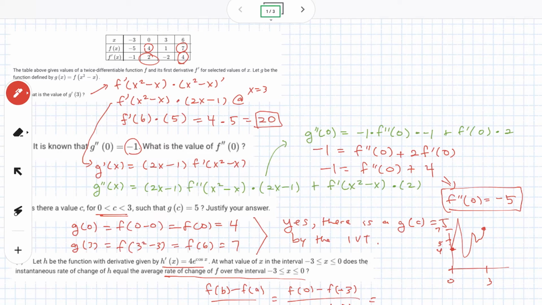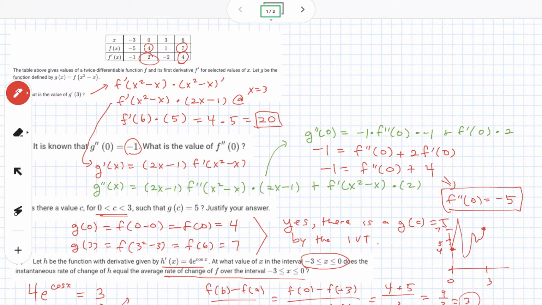F of 0 minus f of -3 over 0 minus -3. So f of 0 is 4 plus 5, because it's a minus -5, over 3, which is 9 over 3, which is 3. Okay, so there it is. So when does 4e to the cos x equal 3?